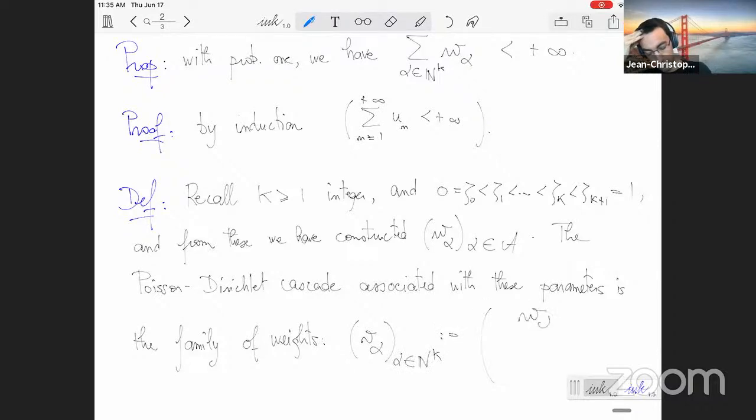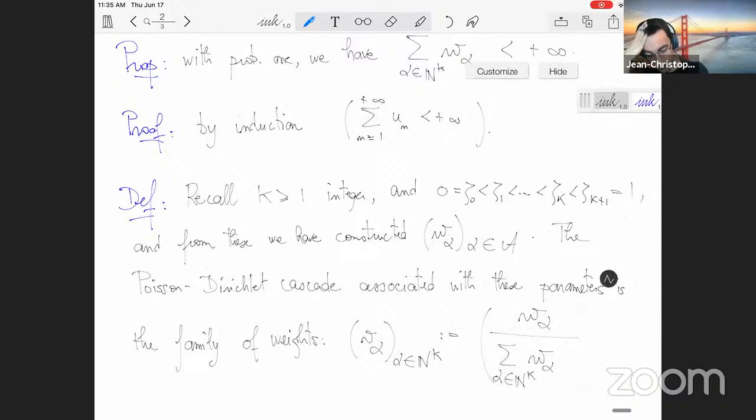It's W alpha divided by the total sum, which is the sum on the leaves. Capital K is the index for the leaves, so I should change notation here to beta. So each V alpha is defined as W alpha divided by the total sum.